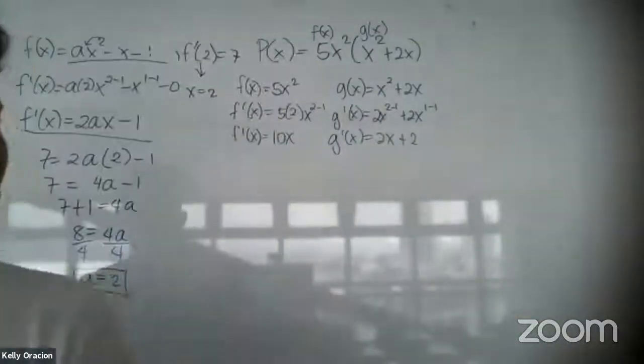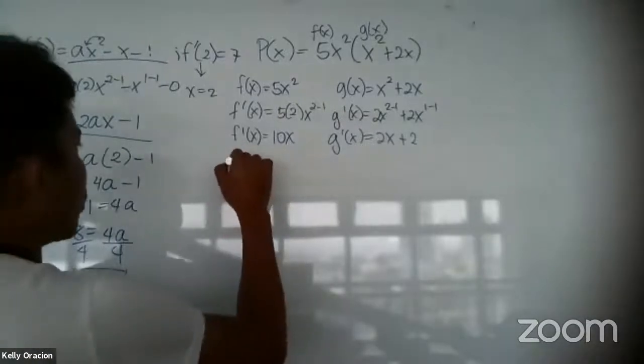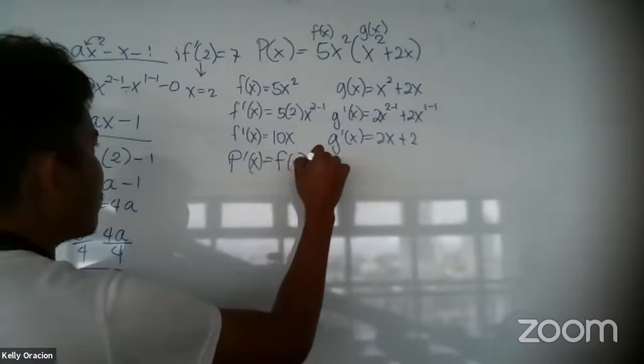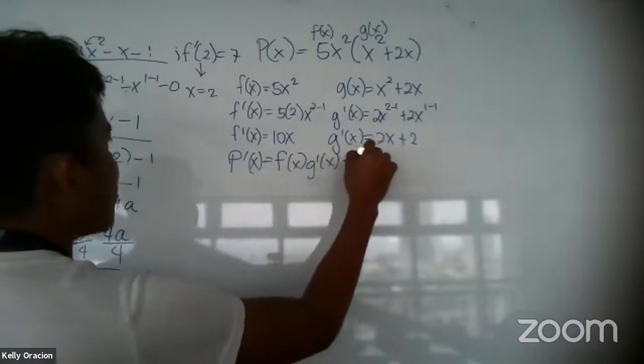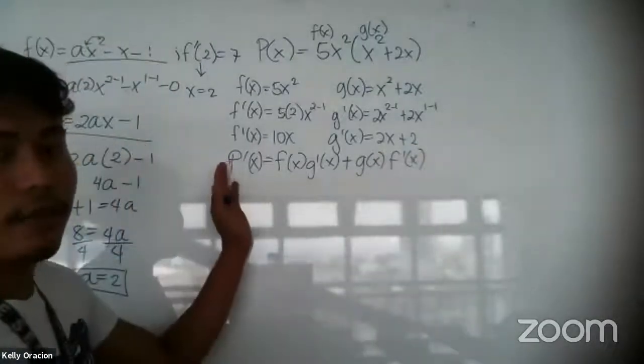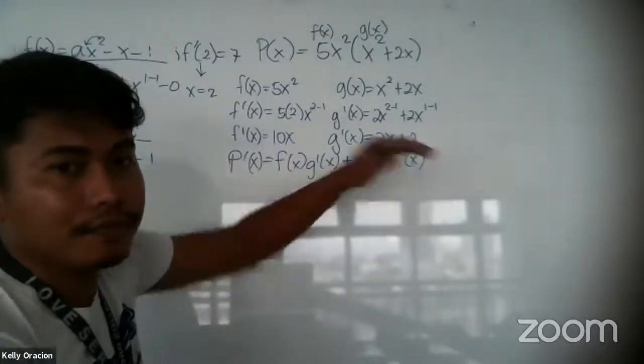So let's have the formula. The formula for the product rule: P prime x equals f of x times g prime x, plus g of x times f prime x. This is the formula of the product rule.